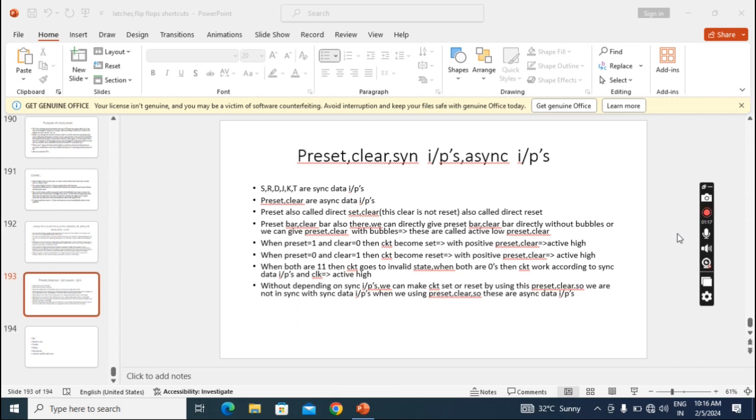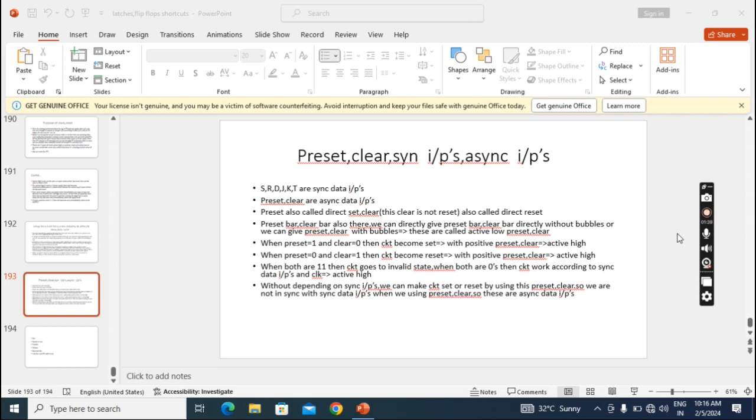Suppose we take active high: when preset equals 1 and clear equals 0, then the circuit becomes set, Q becomes 1. So when we want to make the circuit set, we have to maintain preset 1 and clear 0 with positive logic. Okay.